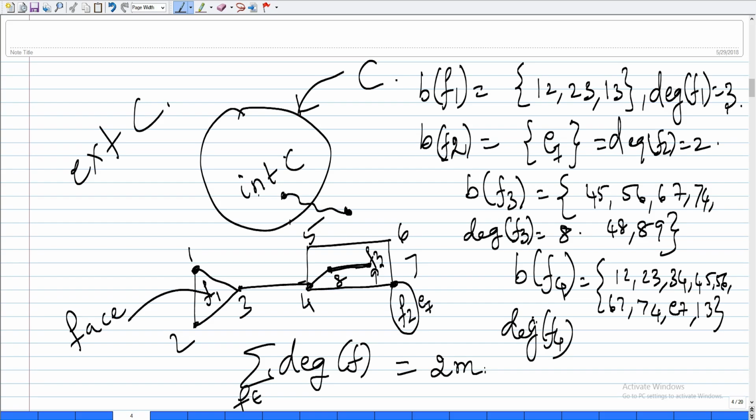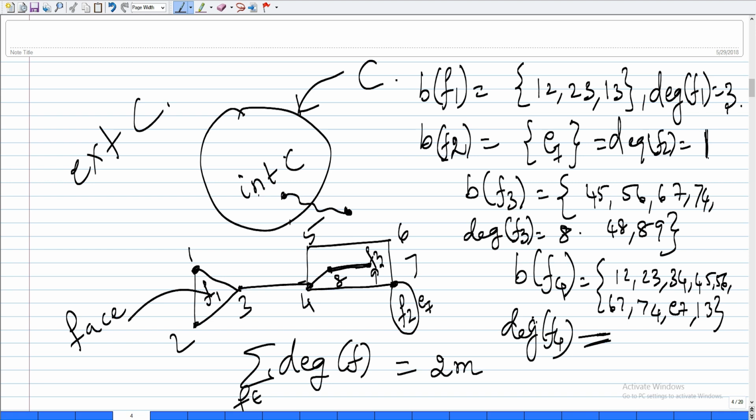From here also you can come to a conclusion, if you are still confused about F4. I think I said E7 I am counting twice; no, we will count it only once to match up with this definition. Every loop we count once, once for interior, once for exterior, only once. So, I said we will count loops once, so we will fix to that, we will not confuse more.